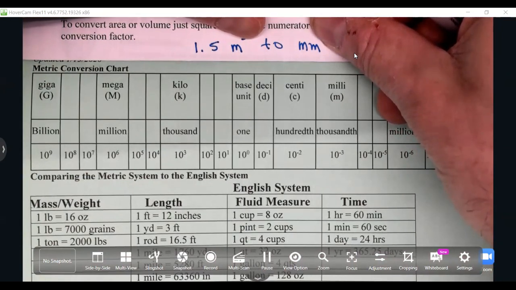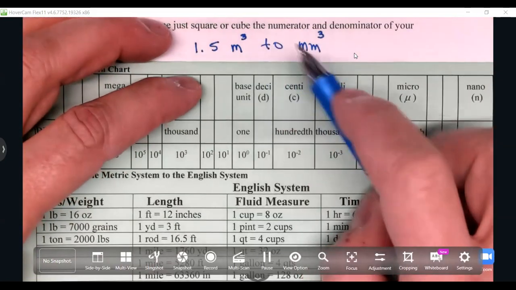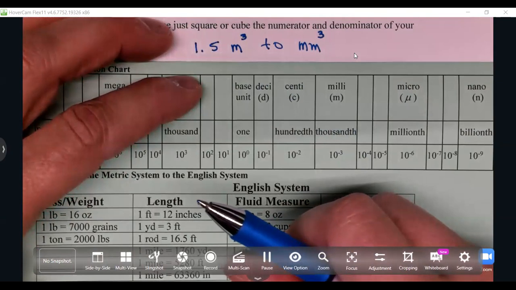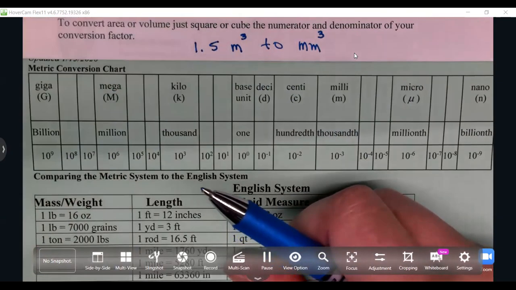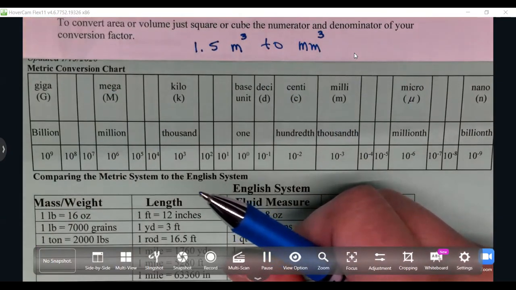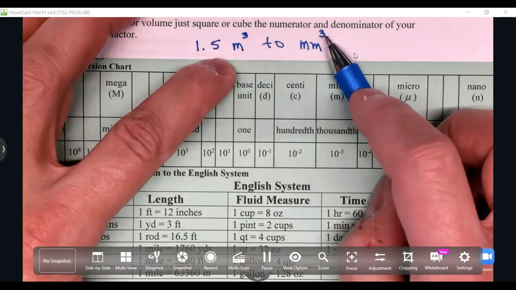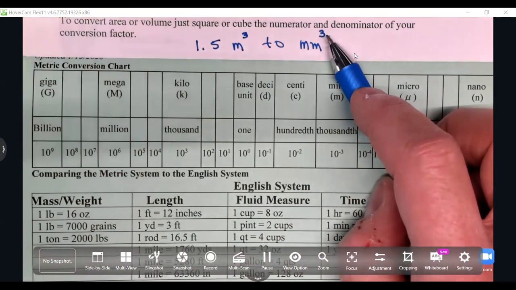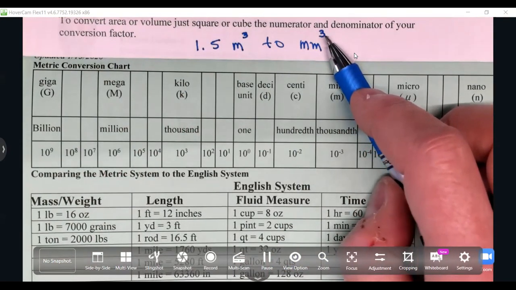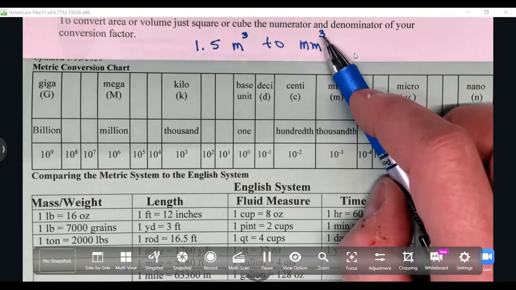How many places? 3, right? I need to go to the right 3 places. Since I have cubic units, I need to go to the right 3 places 3 times. If I had square units, I would go to the right 3 places twice. That's pretty easy to do, right?